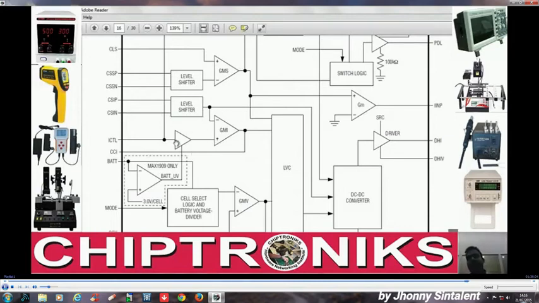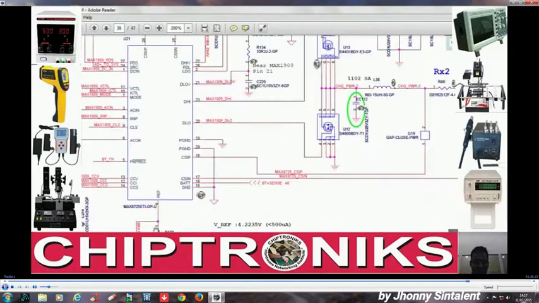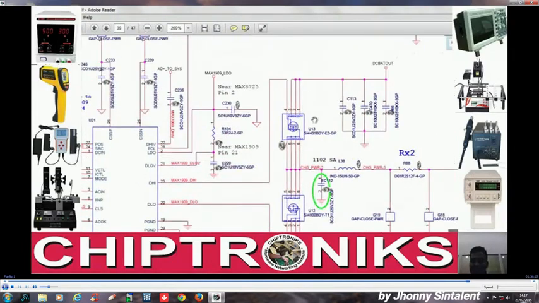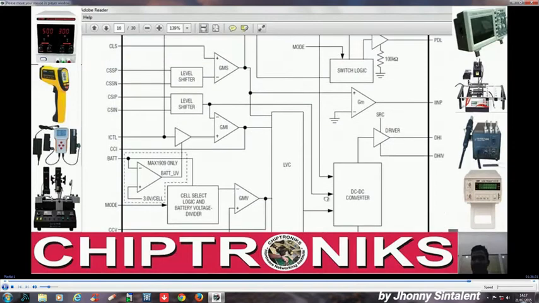It will measure the value according to the ICTL. It will generate a signal to control the timing of DHI and DLO, which is going to the gate of the MOSFET, the external MOSFET, not internal. These are external MOSFETs. Okay, DHI and DLO is generated through the internal op-amp. You can see over here, it is generated through the internal op-amp.